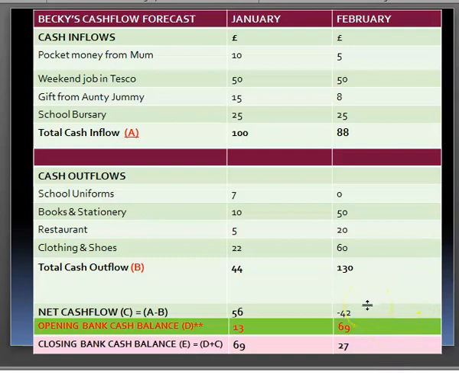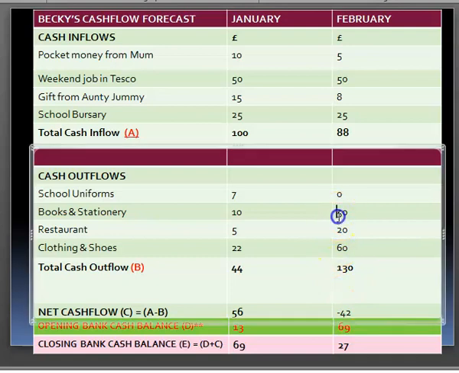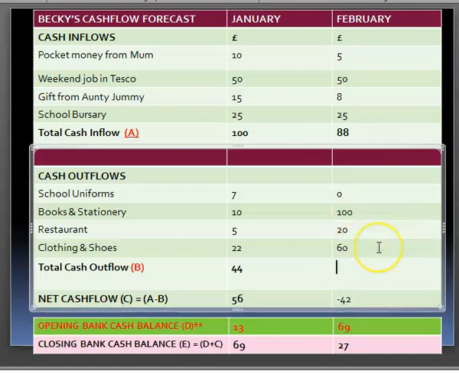Okay, I'm gonna change the figure around. Now let's assume that here you're gonna be spending £100 for your books. So which means your total cash outflow will be different now, and then the net flow will be different. Just want to use different analysis. Now let's do the calculation.